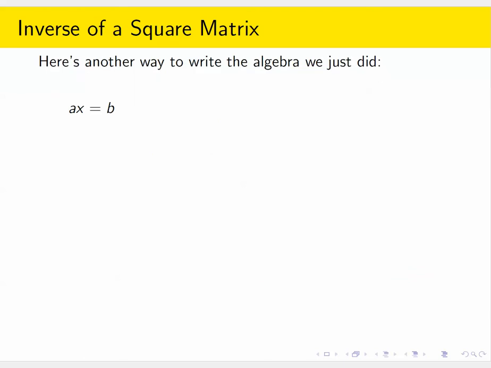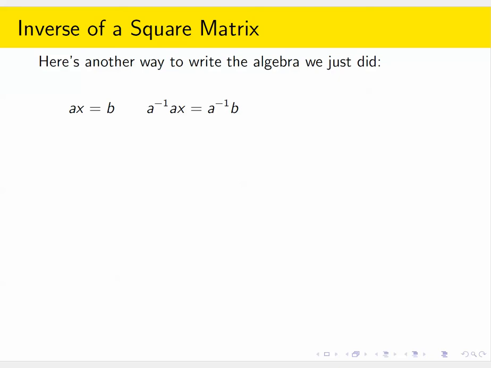Here's another way to think of the algebra we just did. You have an equation, again, think of these as just numbers for the moment, and instead of dividing both sides by a, we'll multiply both sides by the reciprocal of a. So remember, with numbers, these are equivalent ideas. Dividing by a number is the same as multiplying by its reciprocal.